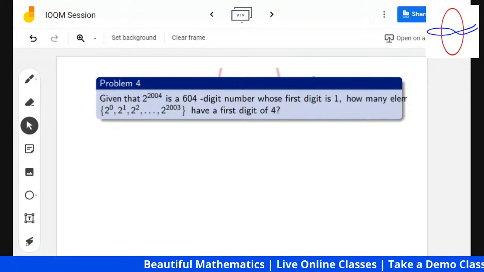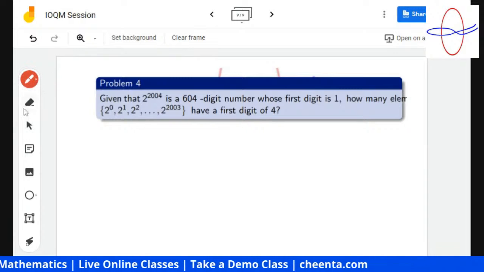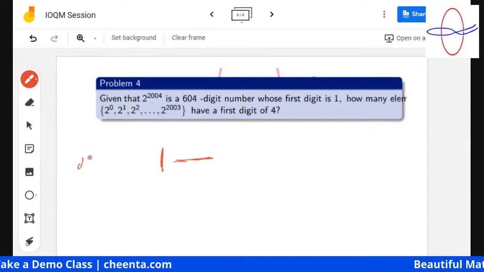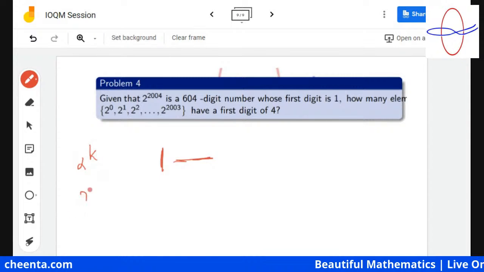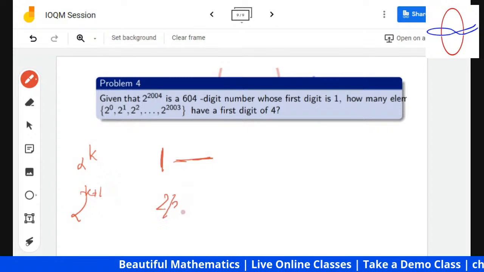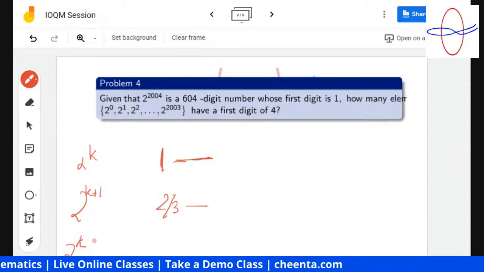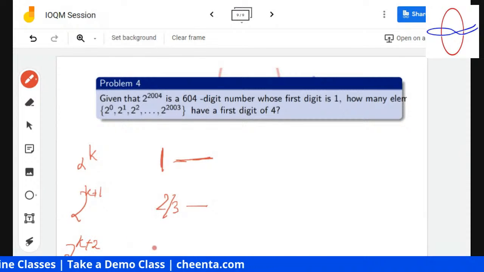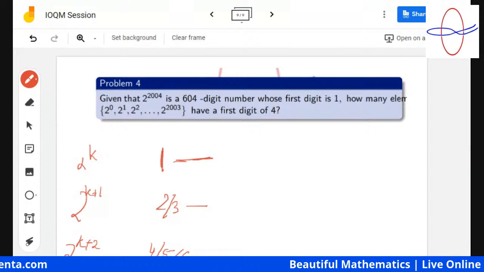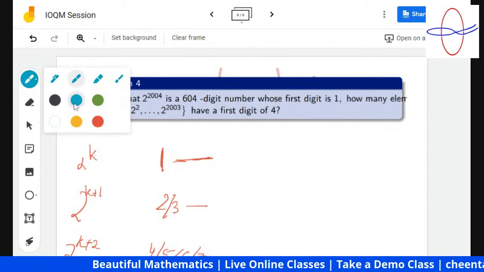Okay, so let's see how we can approach this problem. The basic idea is the following. If 2 to the power k starts with 1, then 2 to the power k plus 1 has first digit either 2 or 3, right? And therefore 2 to the power k plus 2 has first digit either 4, 5, 6, or 7, right? These four cases.